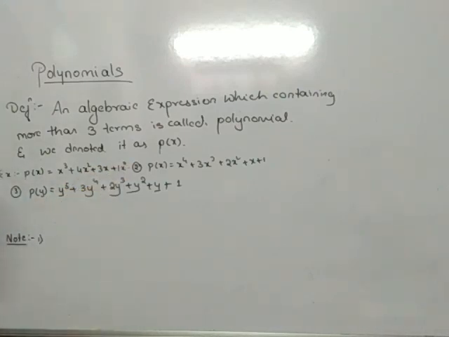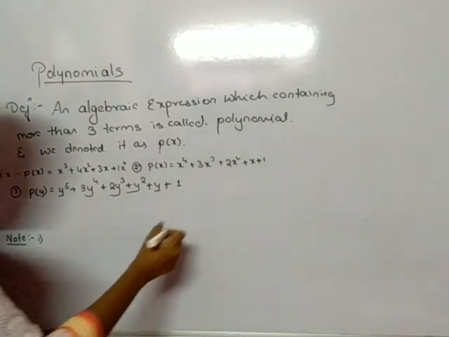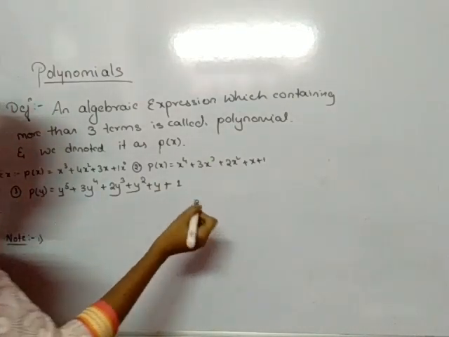Yes. So in all these 4 types, the power of the variable should be a whole number, or it should be a positive integer, right? Positive integers means what? 0 does not have any sign.